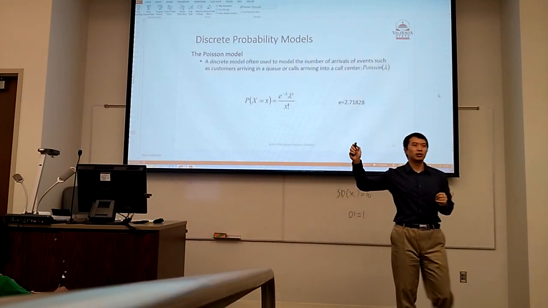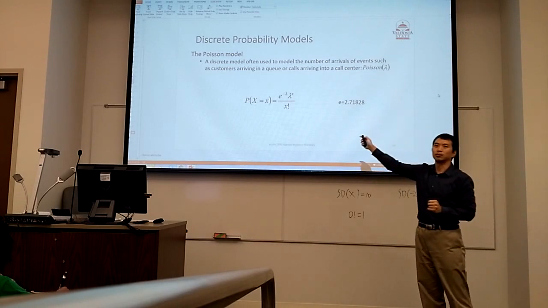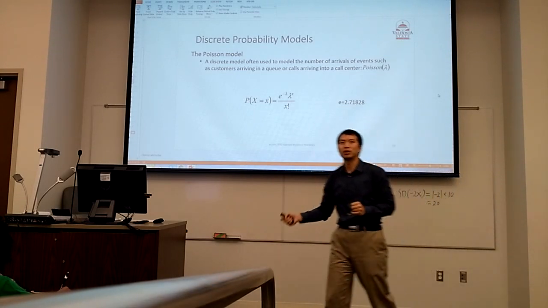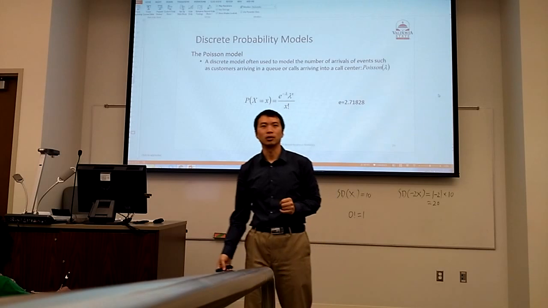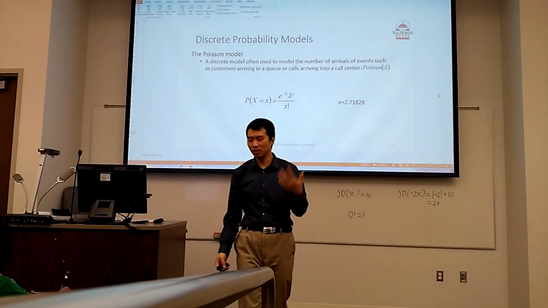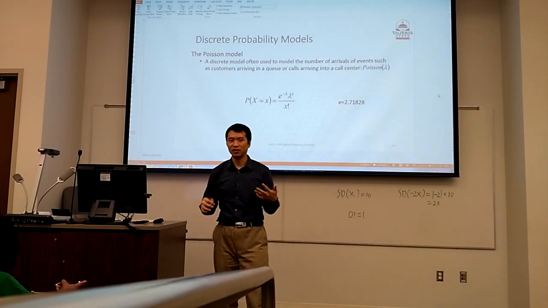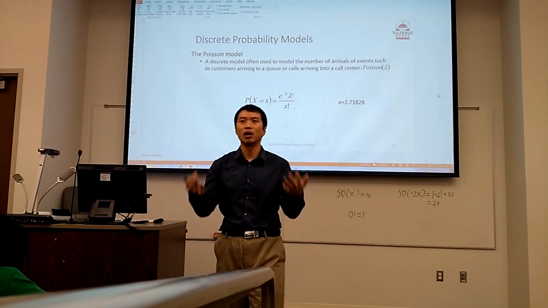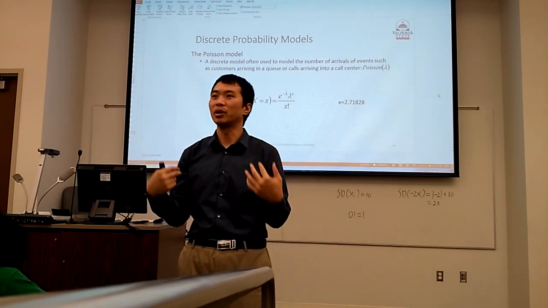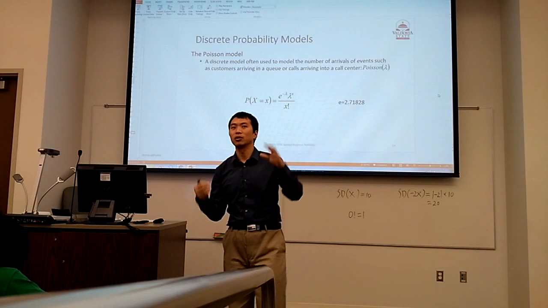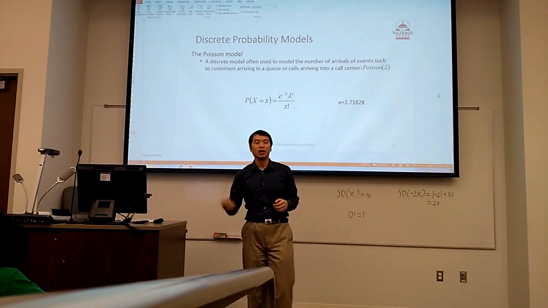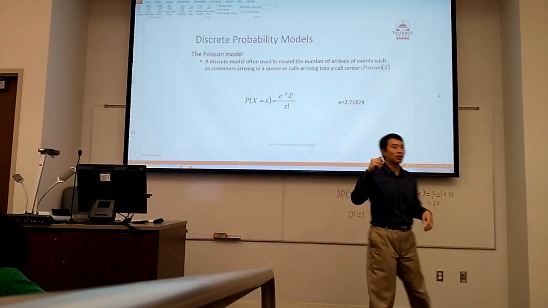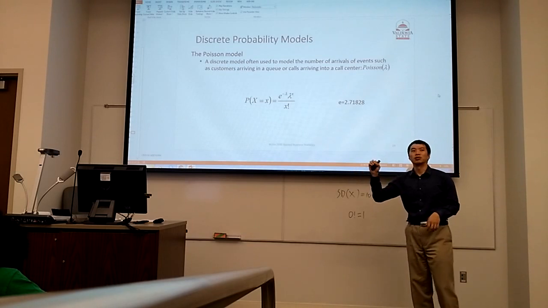That goes back to the definition of the Poisson model. The Poisson model deals with arrivals. Arrivals may mean different applications: phone calls coming, customers coming. And this Poisson model is not about Bernoulli trials.